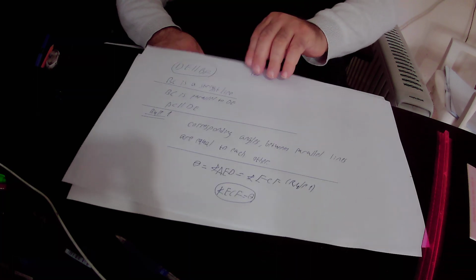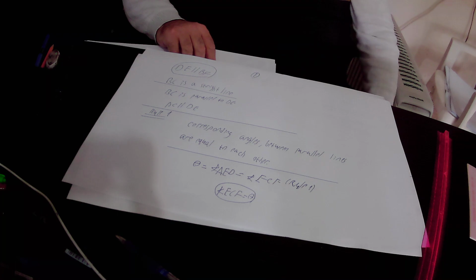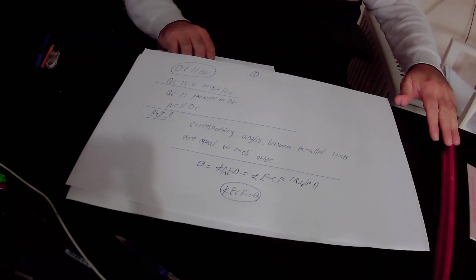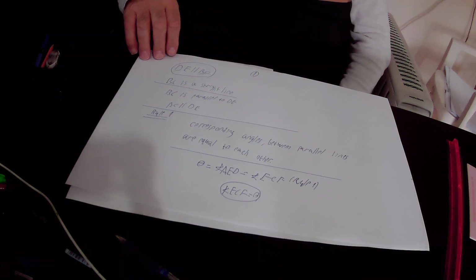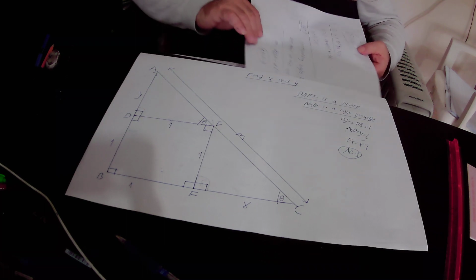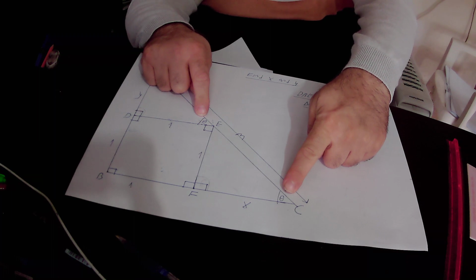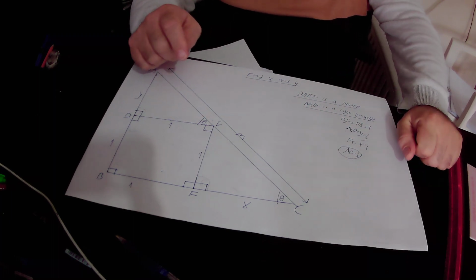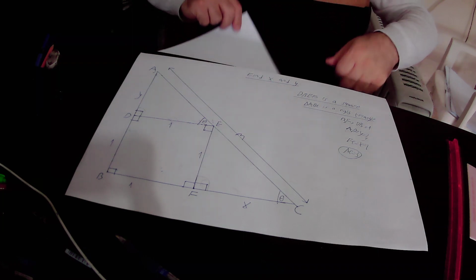Then I presented to you rule number 1. According to rule number 1, corresponding angles between parallel lines are equal to each other. So here we have those two angles defined as corresponding angles, and they are located between the parallel lines DE and BC, therefore they are equal to each other.